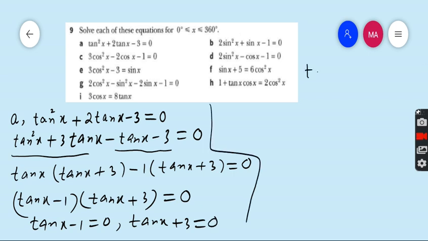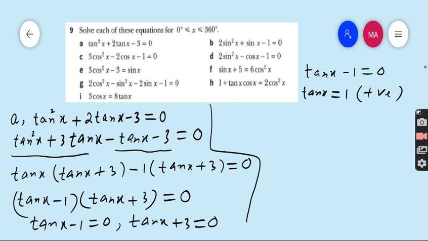This implies that tan x minus 1 is equal to 0, so tan x is equal to 1.